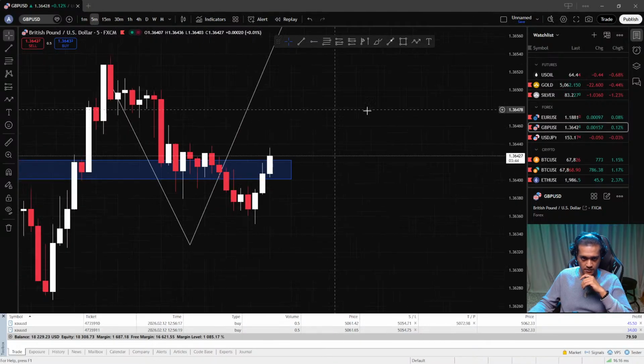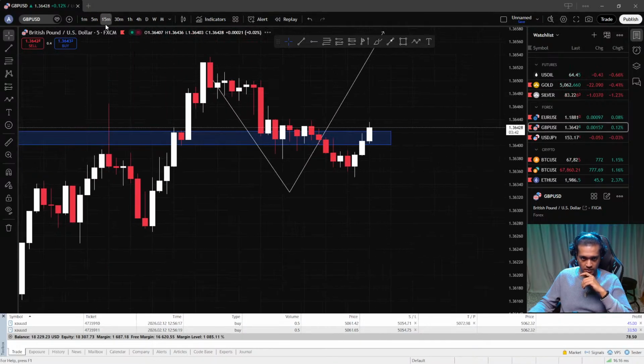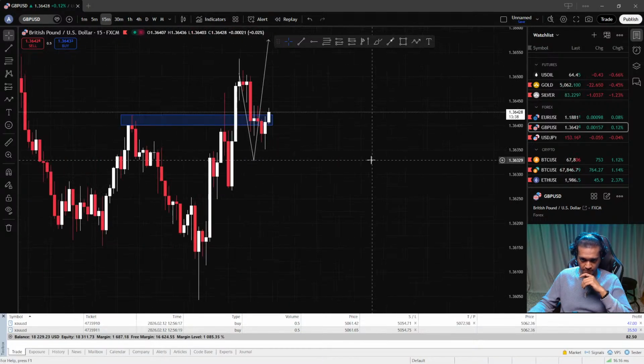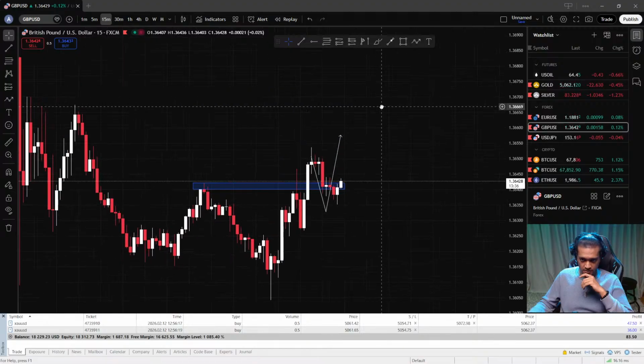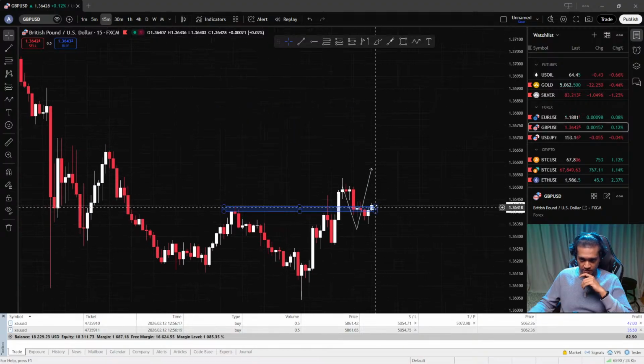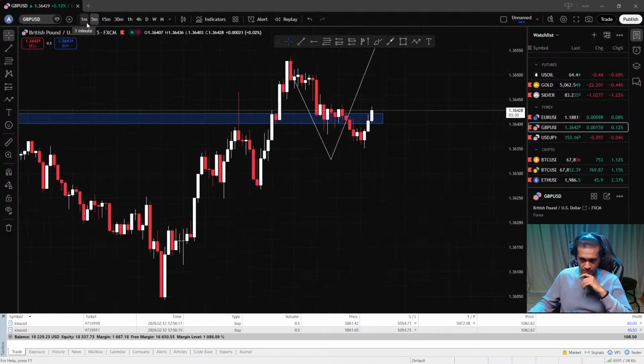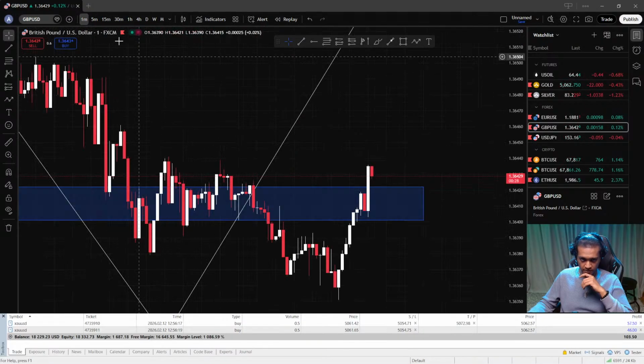JPY also looks like the price is still going to go up. For GBP/JPY, this is actually a buy zone. We are right now here.